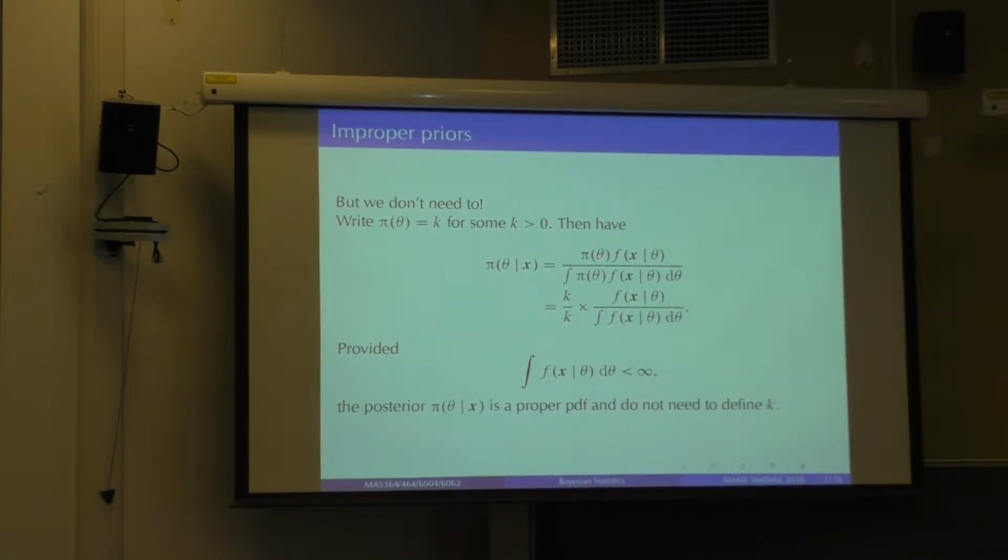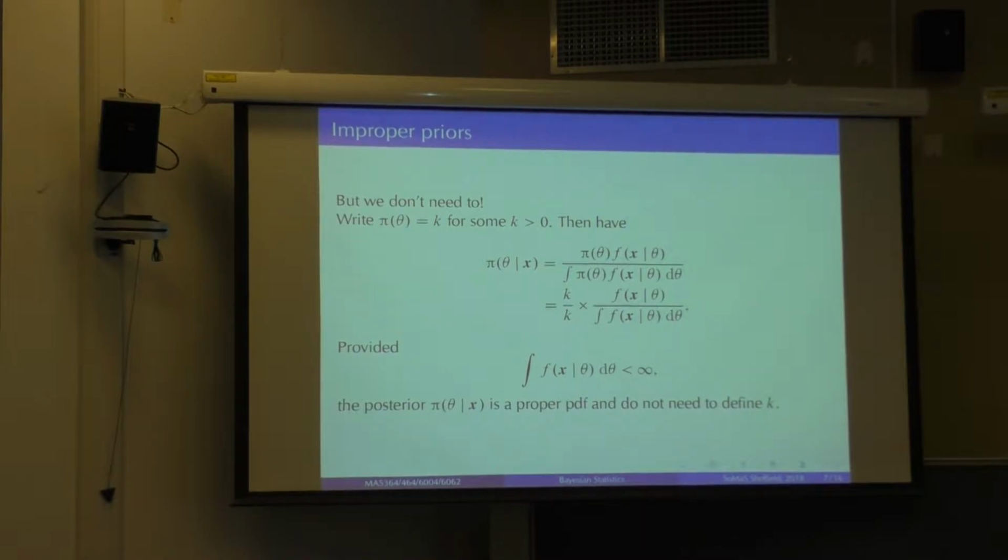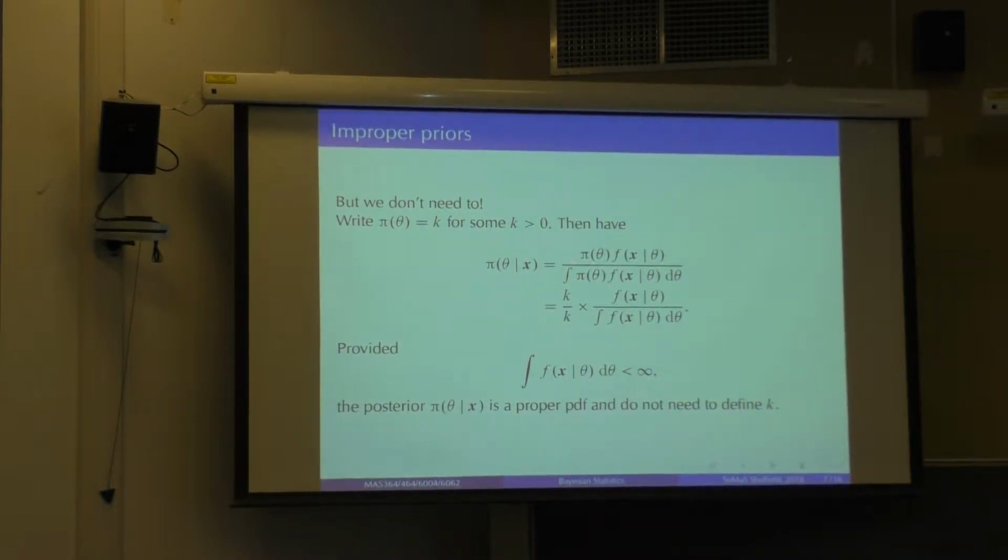For any k larger than 0, we can factor it out. It will cancel out, and then the posterior distribution will be proportional to the likelihood, right?